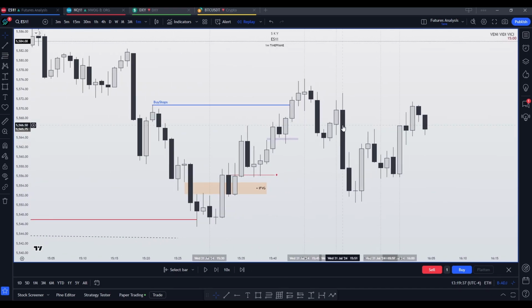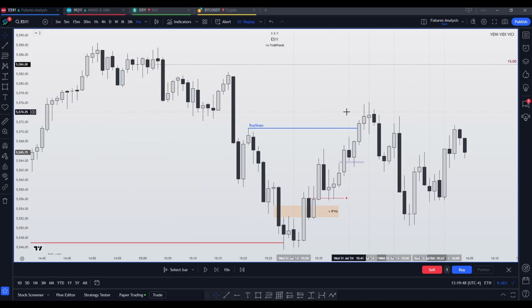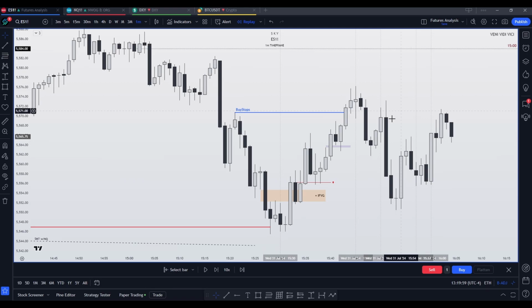You can still hold your position to see how 1550 to 1600 is going to deliver. You don't necessarily close your trade as 1550 arrives, as you may be missing out on some sort of opportunity or some sort of full TP.